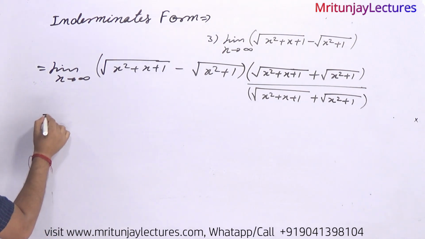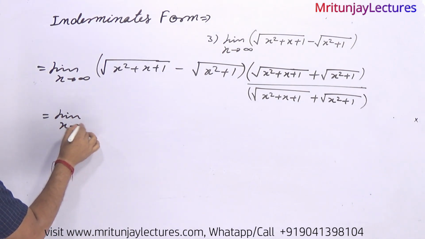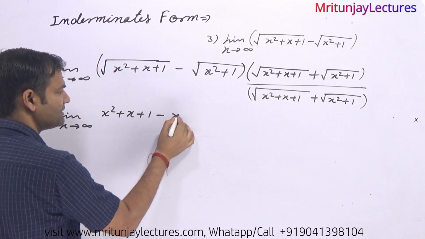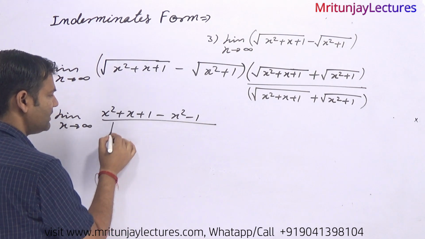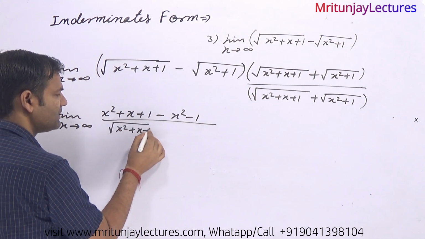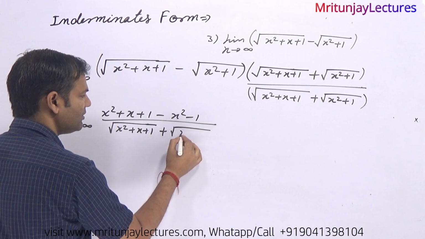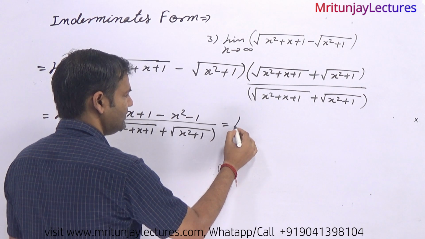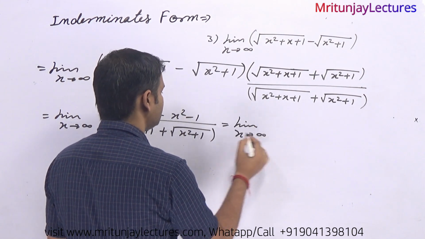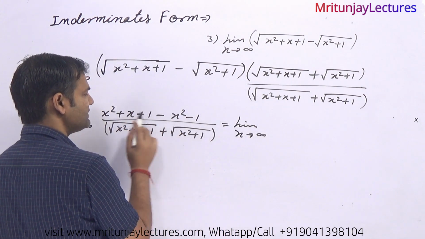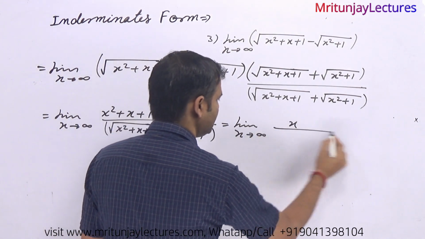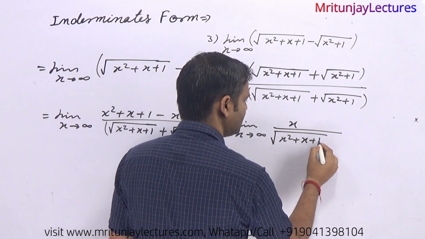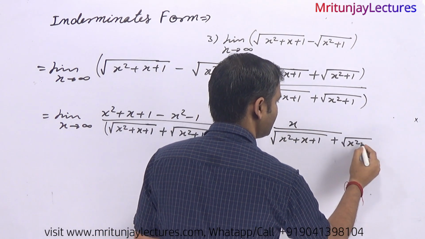Then we get limit x tends to infinity, x square plus x plus 1 minus x square minus 1 whole divided by under root of x square plus x plus 1 plus under root of x square plus 1. Now the x square cancels, so we get x divided by under root of x square plus x plus 1 plus under root of x square plus 1.